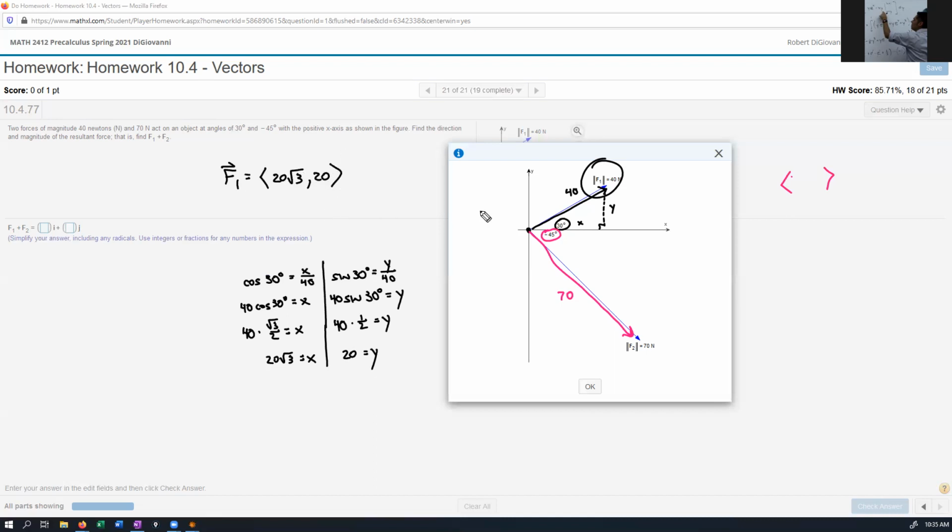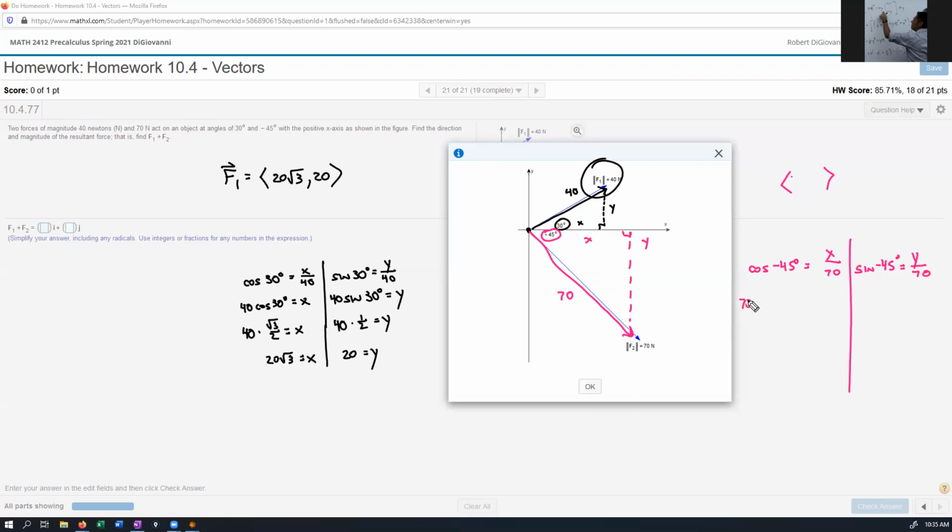Okay. Now we do the same thing for the other vector. We know that we could look at this kind of like a triangle, and we could try and find the x and the y. So I know that cosine of negative 45 degrees must be equal to the x over the radius. And I know that the sine of negative 45 degrees must be equal to the y over the 70.